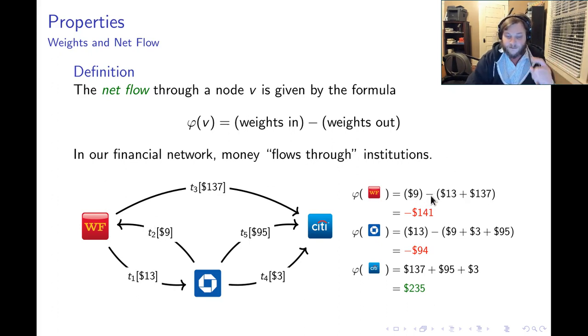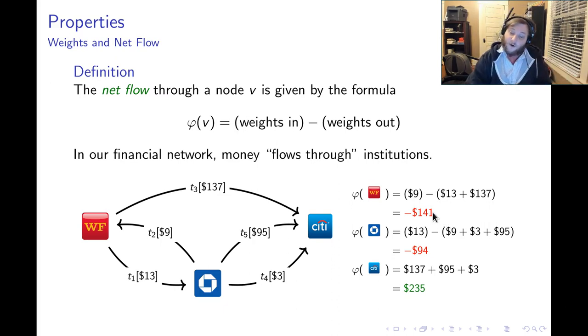Now we're going to subtract all of the weights pointing away from Wells Fargo. Here, T1 is 13, and T3 is 137. Those are the 2 arrows that point away from Wells Fargo. So we're going to subtract 13 plus 137 as a quantity. When we calculate 9 minus the quantity 13 plus 137, we end up with -141.